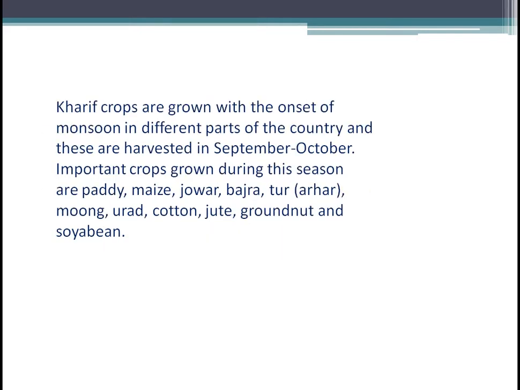Next, Kharif crops. Kharif crops are grown with the onset of the monsoon. As the rainy season starts, these crops are grown in different parts of the country, and they are harvested in September and October. Important crops grown during this season are paddy, maize, jowar, bajra, tur, which is also called arhar in Hindi, moong, urad, cotton, jute, groundnut and soybean.